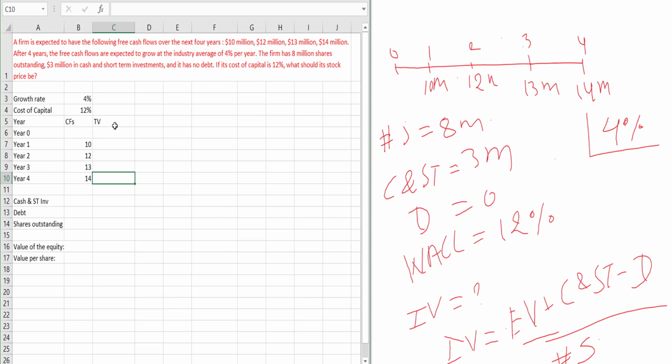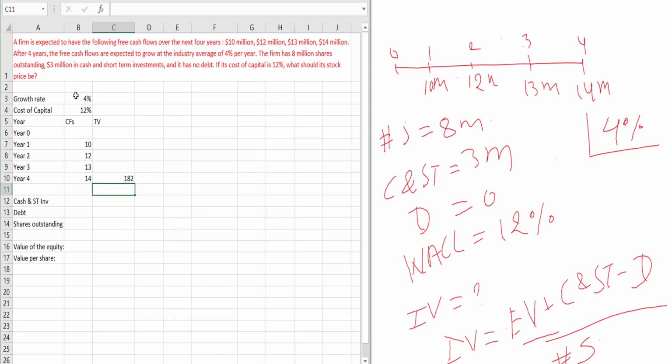And how do you compute this? Like the constant dividend discount model, you can use that cash flow that you get in year 4, times 1 plus the long run growth rate, which is 4%, over the weighted average cost of capital minus the long run growth rate.